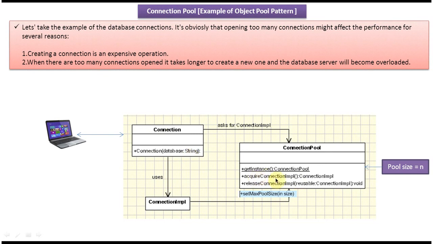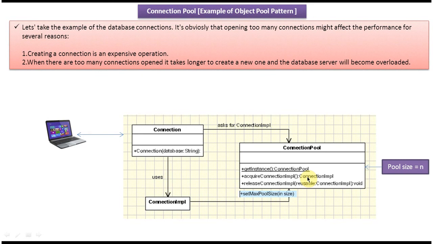Suppose when you call acquireConnectionImplementation the pool doesn't have a ConnectionImplementation object. Then it will try to create a new one. Before creating the new one, it will check the pool size.